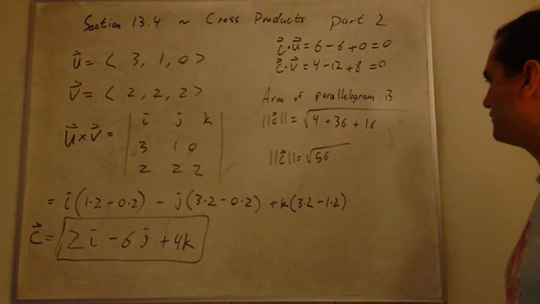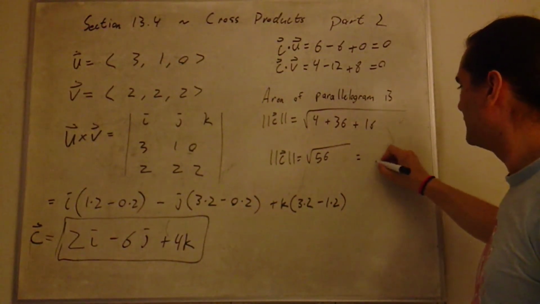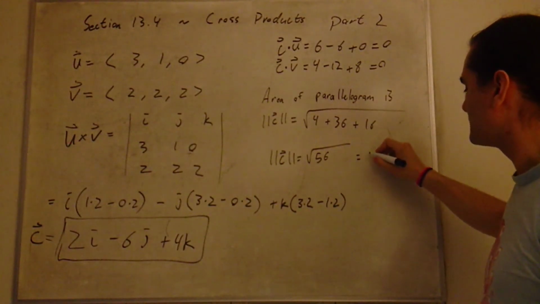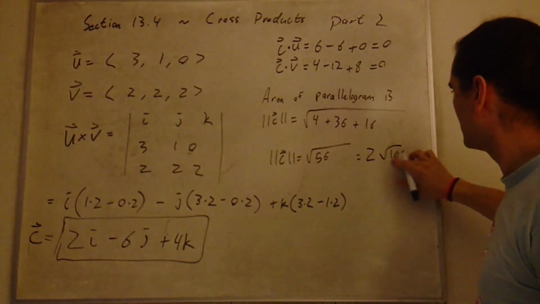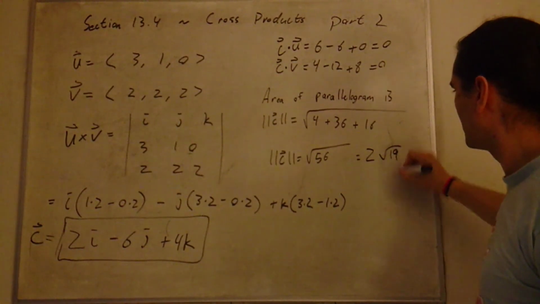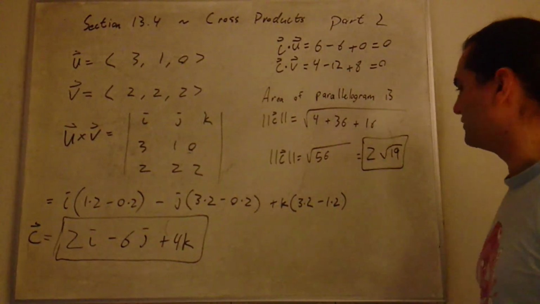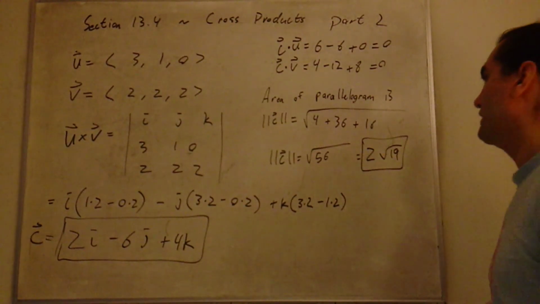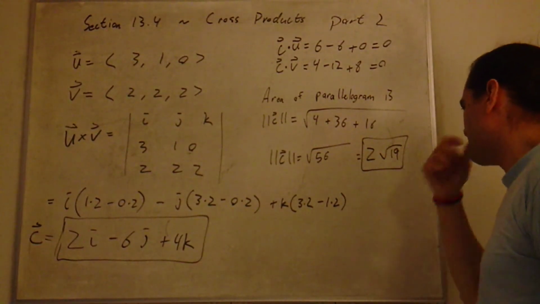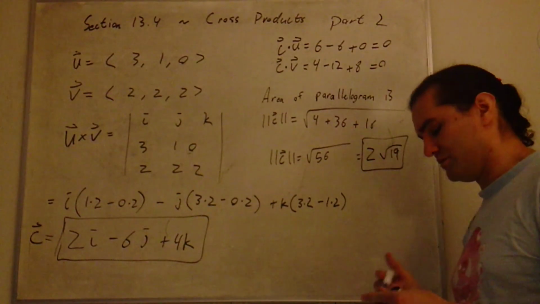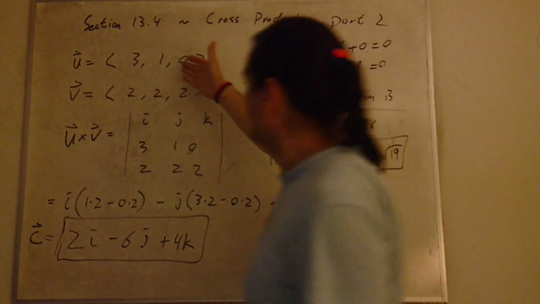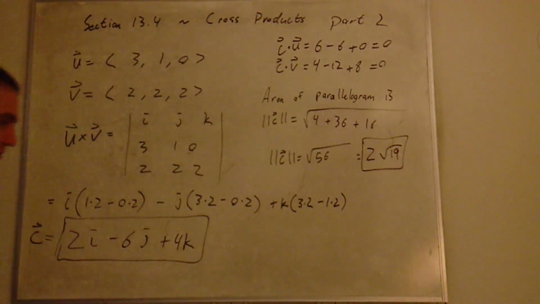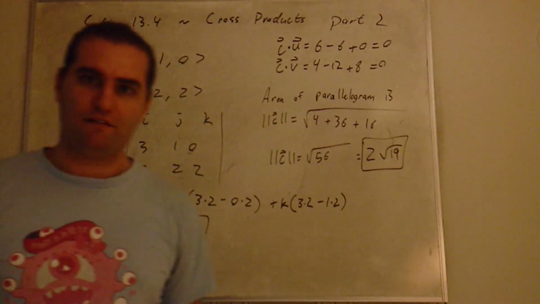I can probably take a 4 out of that. That's 4 times 14, so this will be 2 root 14. Beautiful. Square root of 14 is a little less than 4, so this is about 7.5. The parallelogram formed by these two vectors has an area of approximately 7.5 square units.